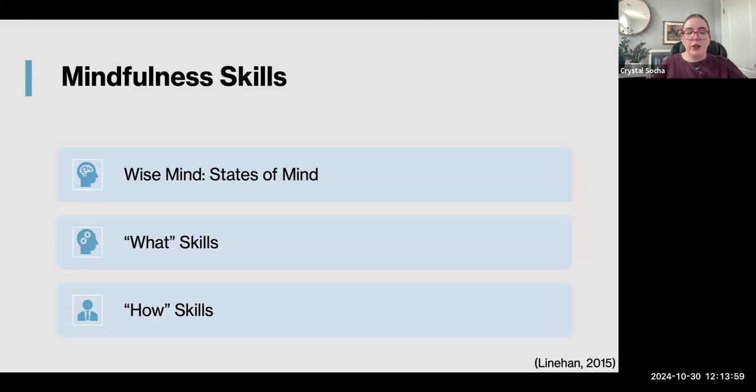That could be through one-mindfulness. Last time I had asked, has anyone ever driven from point A to point B and you had no idea how you got there? You got there safely, but you don't remember anything that just happened. Has that ever happened to anyone?